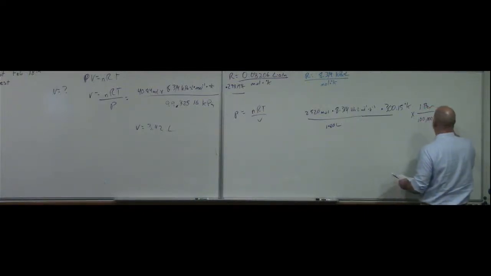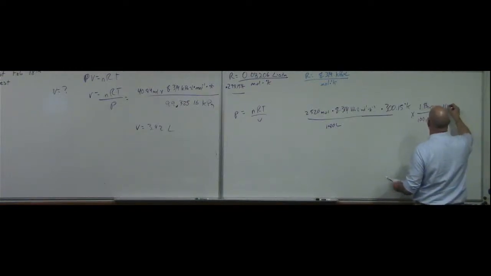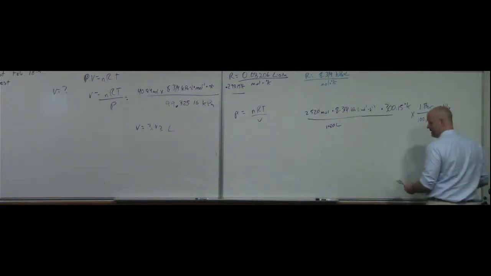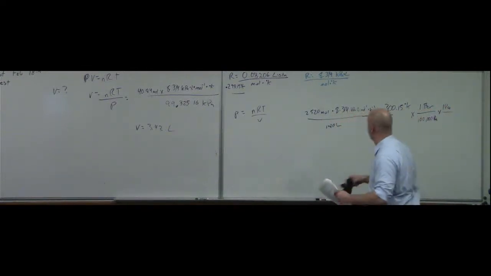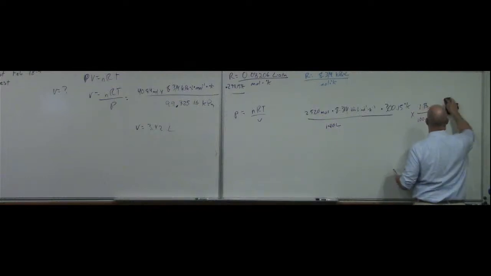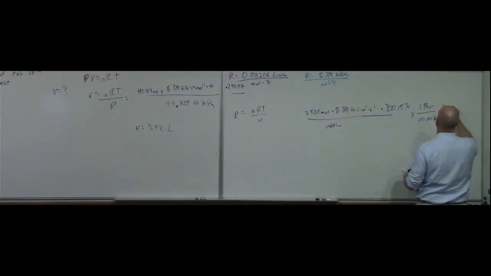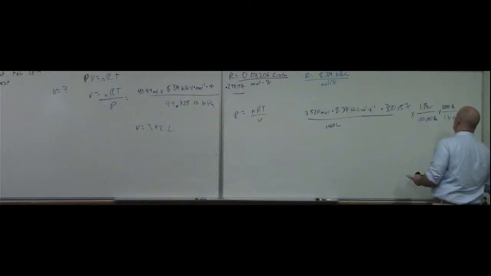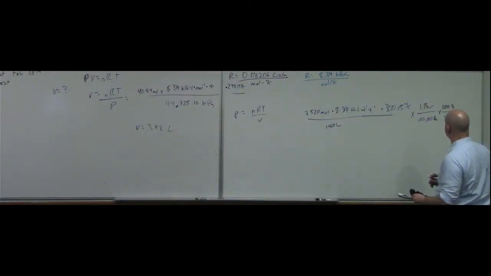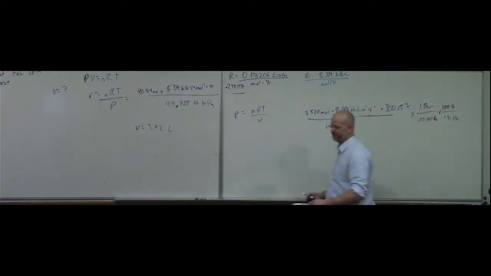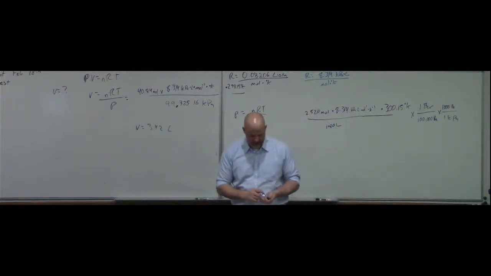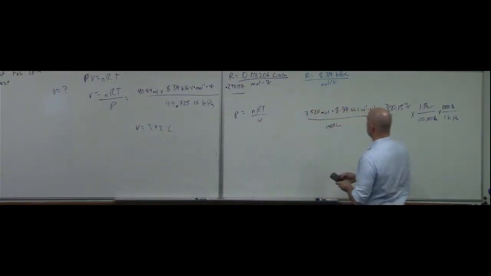So we need to transform: Pascal times 1,000 Pascal over 1 kilopascal. Okay. We can do this. At least it's now set up straightforward. We don't have to think, we just plug and chug.